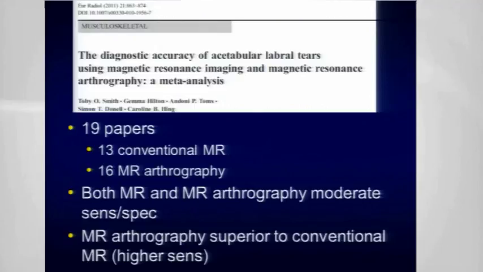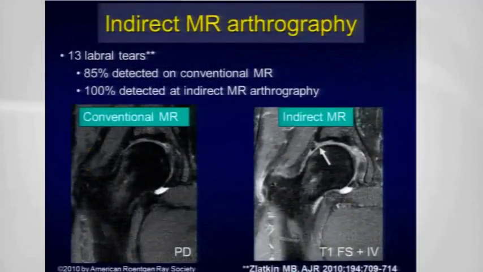This is a study looking at a meta-analysis of 19 different papers. What they found was that both MR and MR arthrography had moderate sensitivity and specificity, with MR arthrography superior to conventional MRI as far as higher sensitivity for detection. What about the role of indirect MR arthrography?